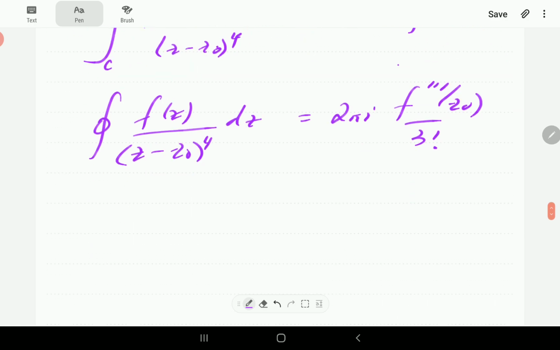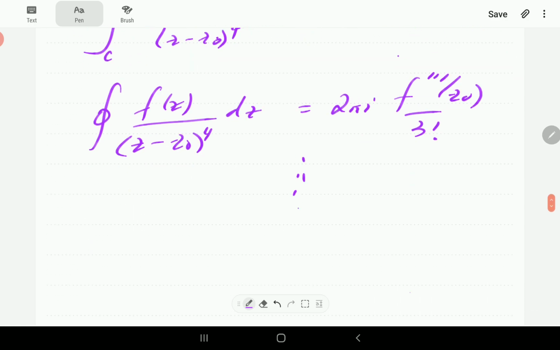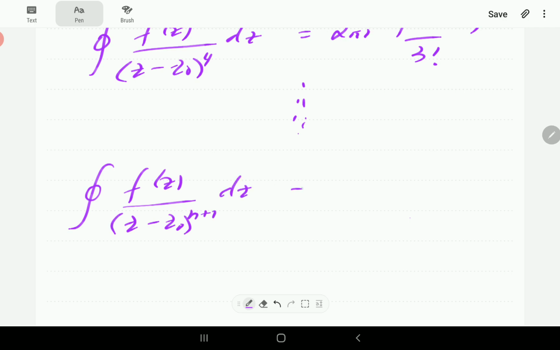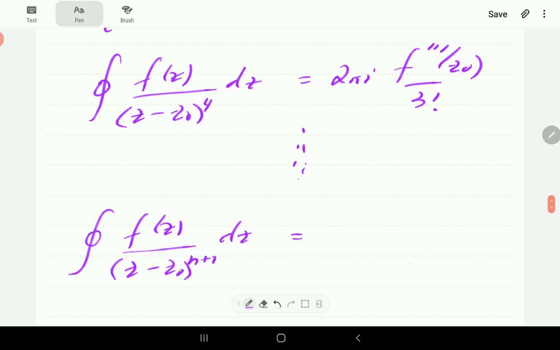If we do this n times, then on the left hand side we're going to have f of z over z minus z naught to the power n plus 1. This is what happened: after 3 times the power becomes 4, and after n times it's going to be n plus 1.